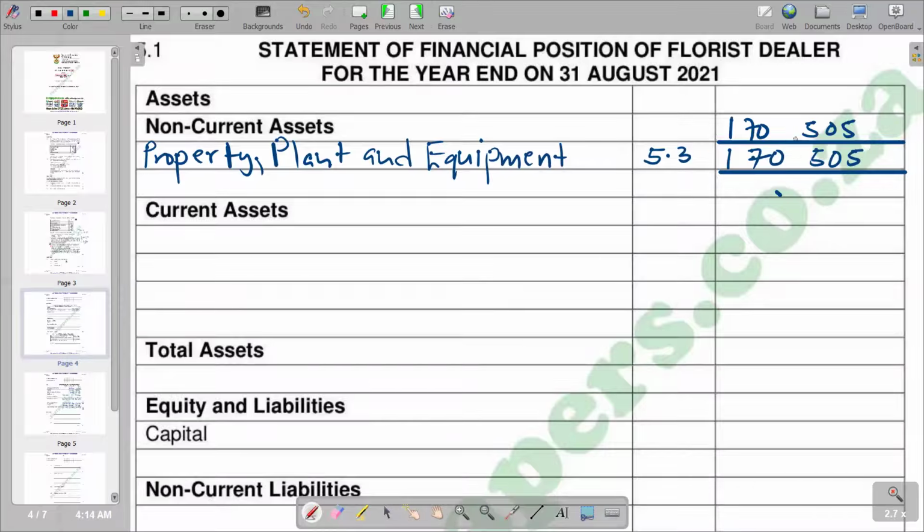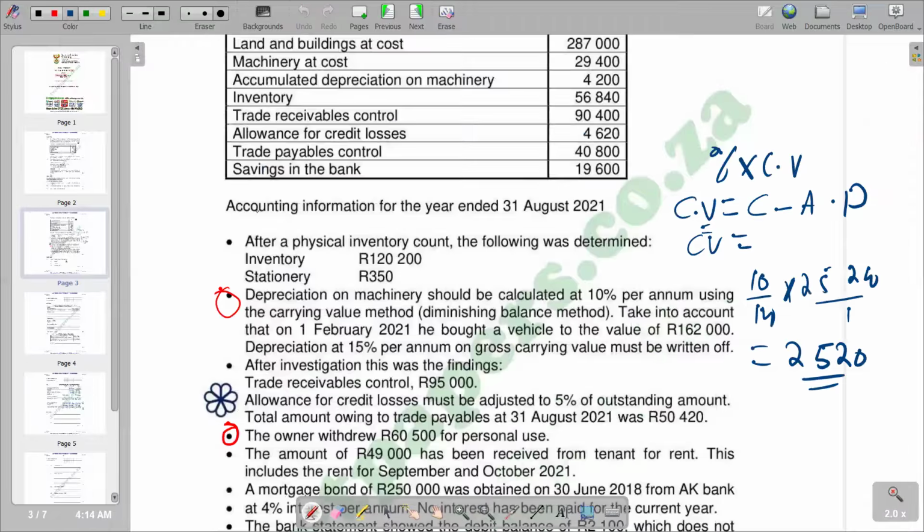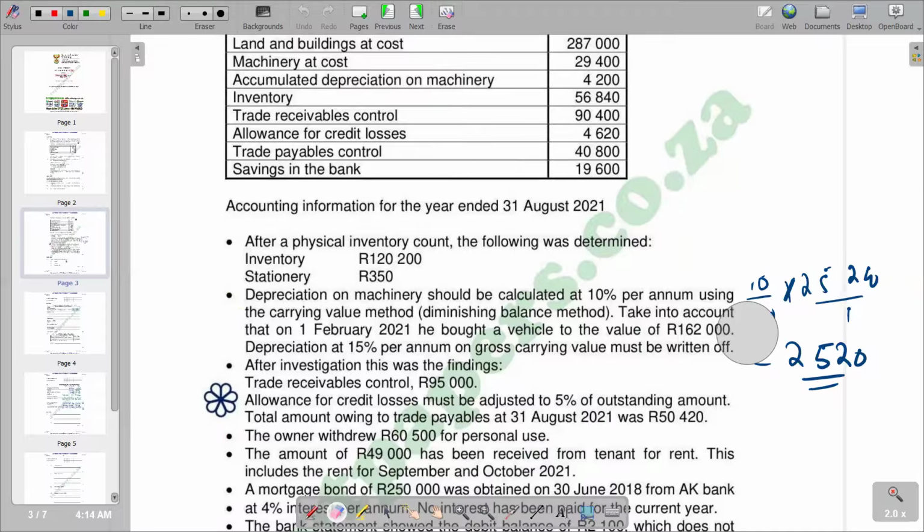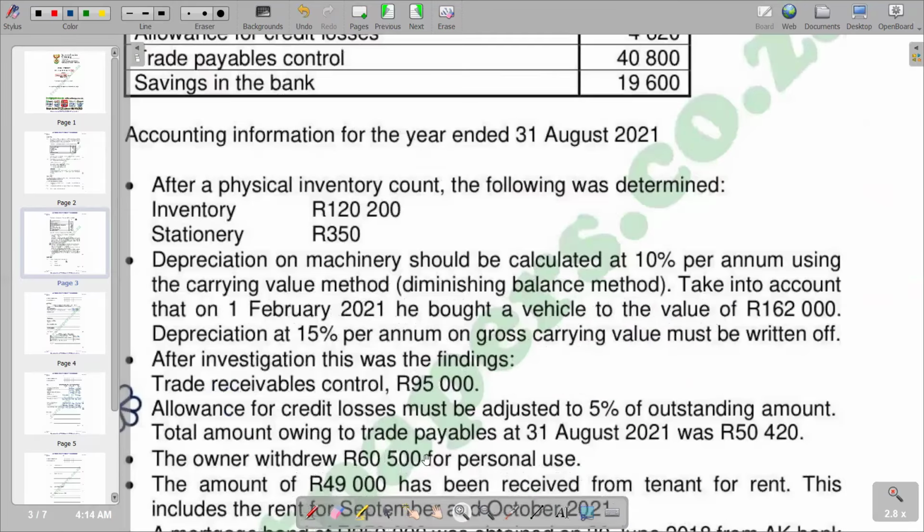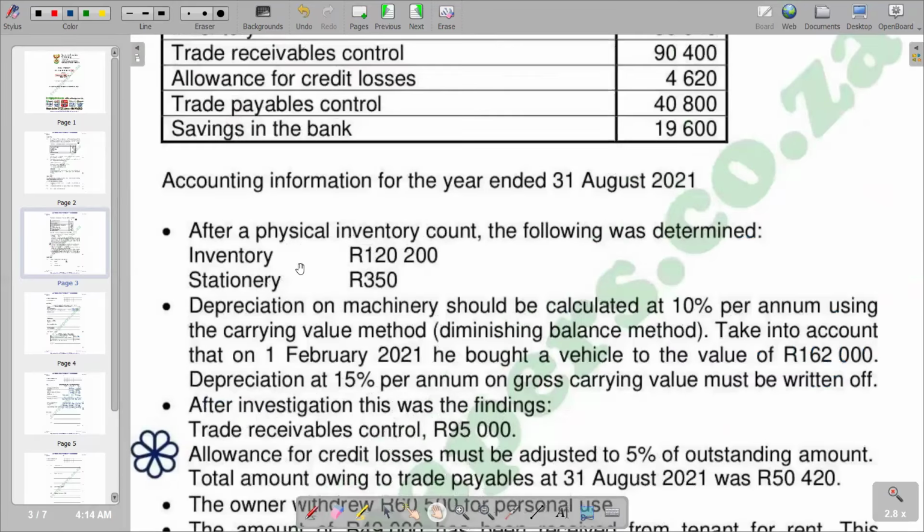Then we go to your current assets, whereby we check according to additional information. That's where we've got closing balances. So our additional information indicates our closing balances. So for inventory, you see that we have got inventory that we are given is 120,200, and we have 350.